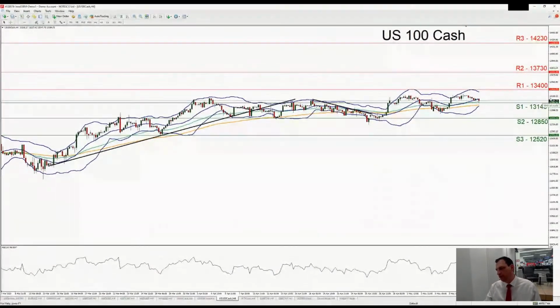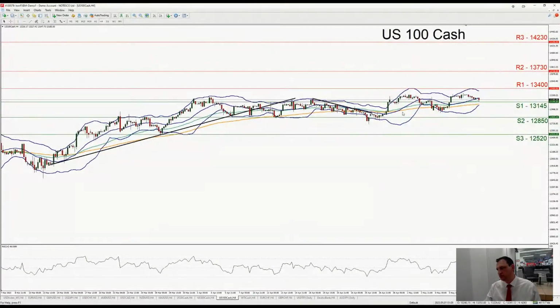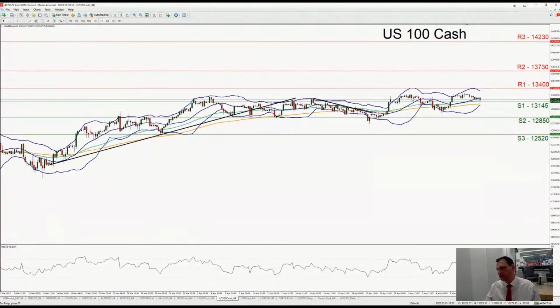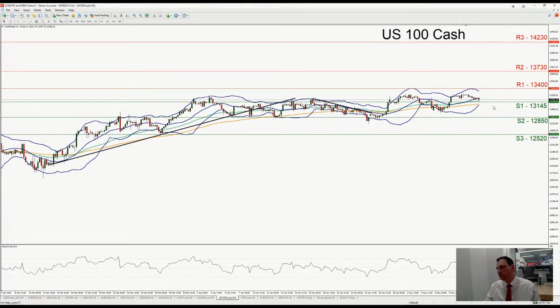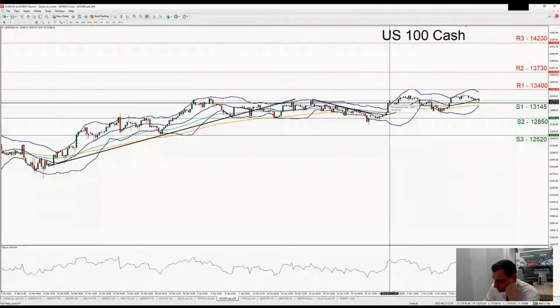Okay, in my opinion, this resembles a sideways motion where practically the price action has as its axis the 13,145 support line. I think that's quite obvious since the 25th, 26th of April. Let's have a look. 27th.